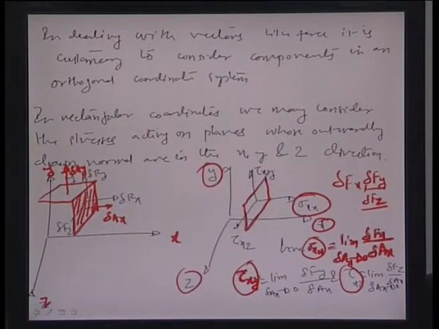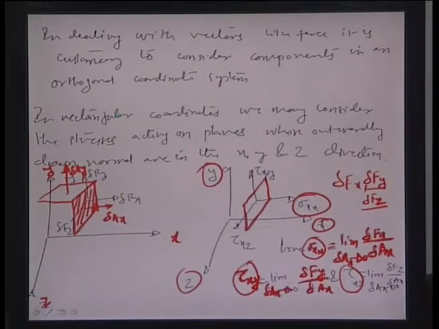So, the second term is the force direction, and the first term is the area direction. So, tau xy is the shear applied due to a force in the y direction on an area vector in the x direction, also represented as delta F y by delta A x, in the limit delta A x tending to 0.